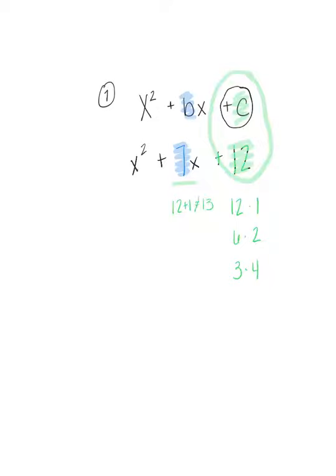That does not work. 6 times 2 equals, well, 12. It doesn't equal 7 either. Where am I getting 7 from? It's this guy right here. I want my things to equal my b. Okay, so 3 times 4. Well, if I add them up, 3 plus 4 equals 7. So these are the factors that I'm going to end up wanting to use when I factor this.